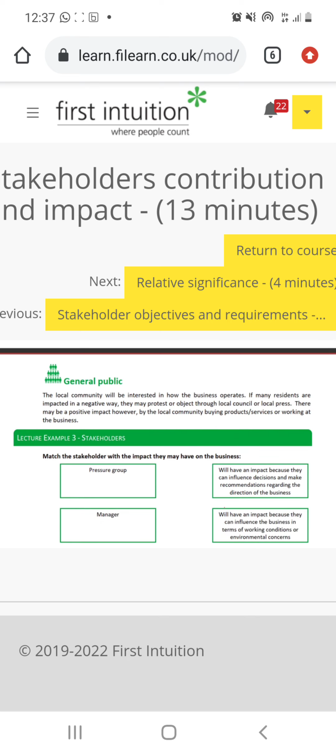And finally, we've got the general public. What the general public want from a business will depend on who they actually are. We've seen already that general public, they might work for the organisation, so they would fit under the category of employees.